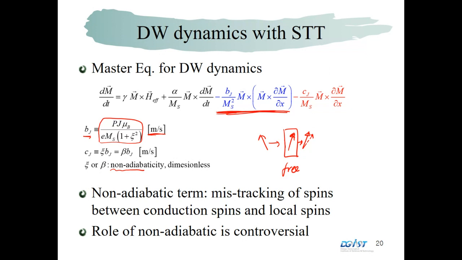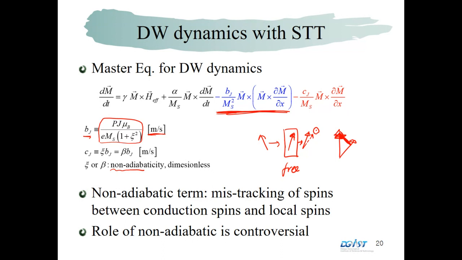And this additional torque should be proportional to this direction. So this is a local spin, and this is an ingoing or outgoing spin. Then we calculate the spin transfer torque between them. So this torque belongs to this plane, the screen plane, and somehow we can apply torque to this local spin.